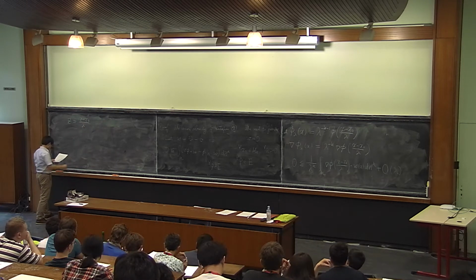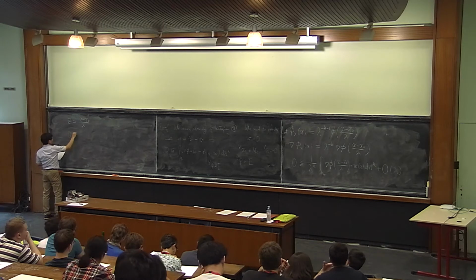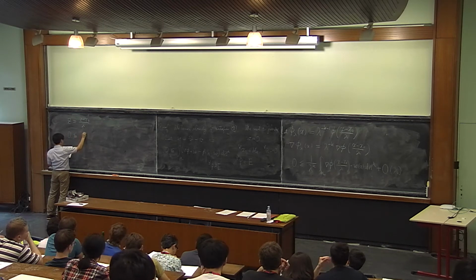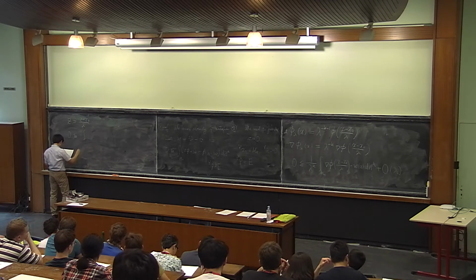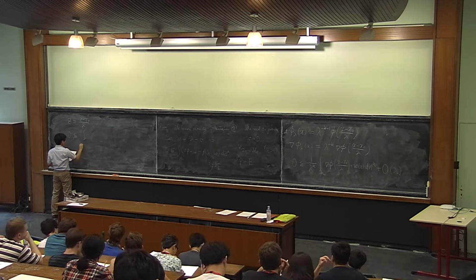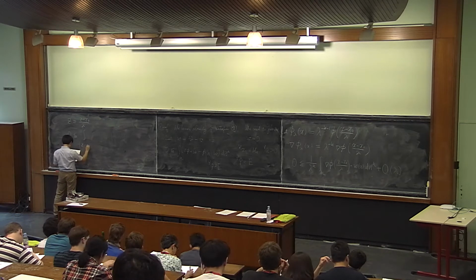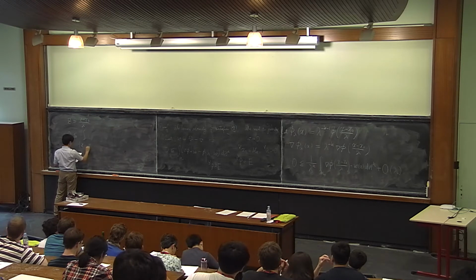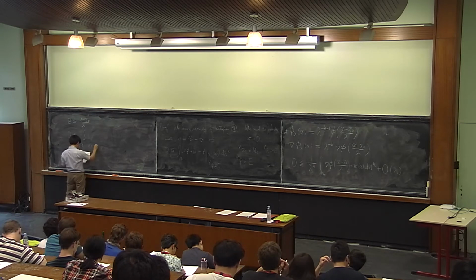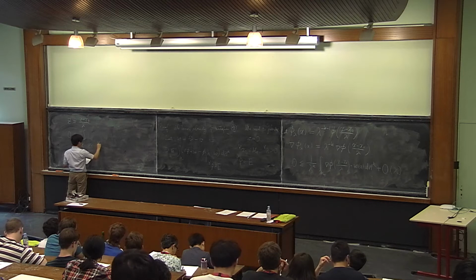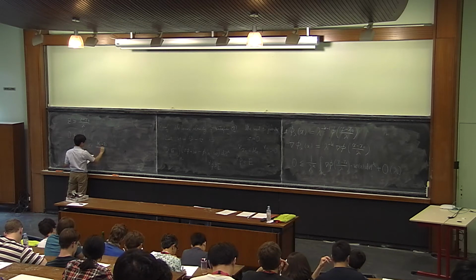And then you end up having the following: 0 is less than or equal to the integration. Now, after this change of variable, you'll be integrating over the place where z is in mt minus x0 divided by lambda.